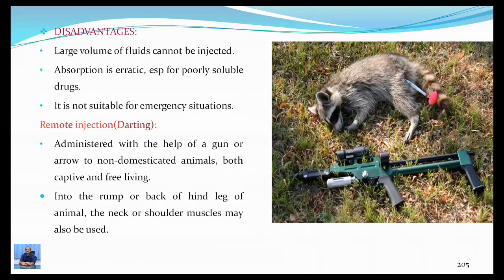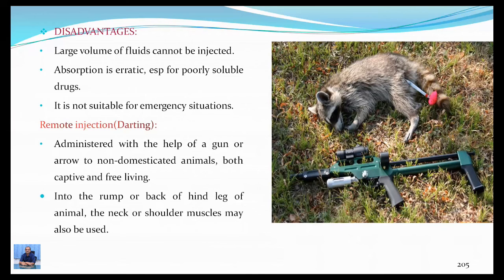And the disadvantage of this is that large volumes of fluids cannot be injected. Some of you have asked the question, but fluids cannot be administered by the intramuscular route, because the absorption is erratic, especially for poorly soluble drugs, just like the oral route.